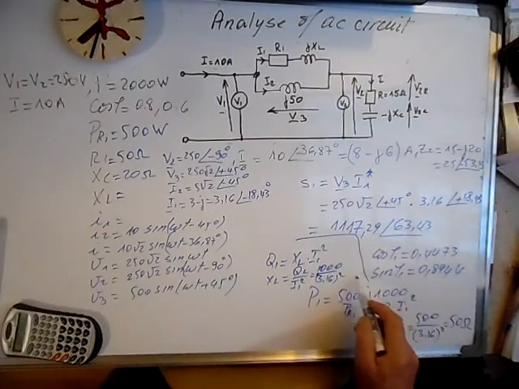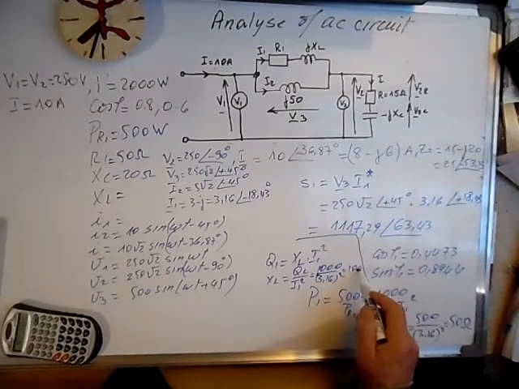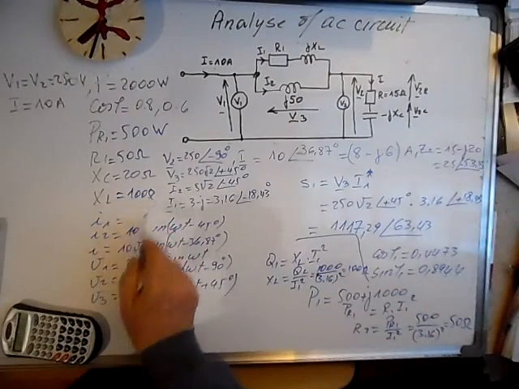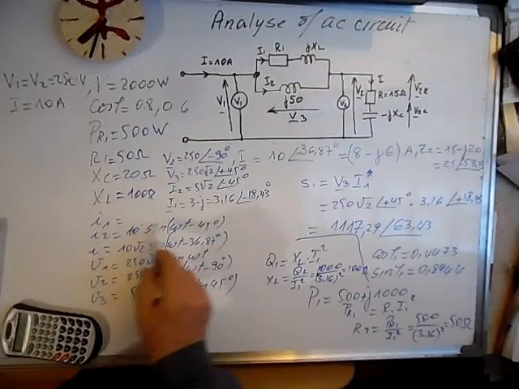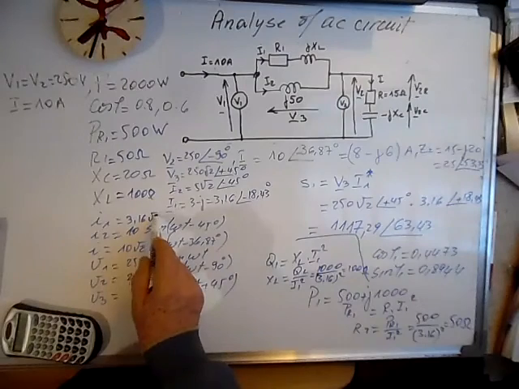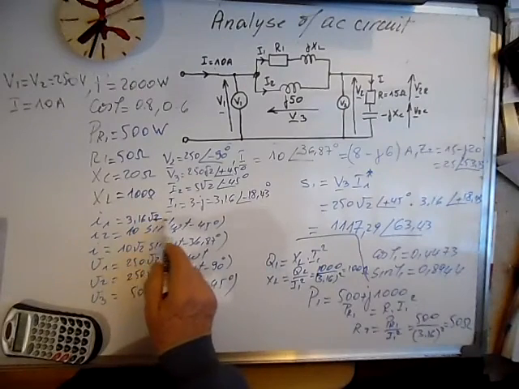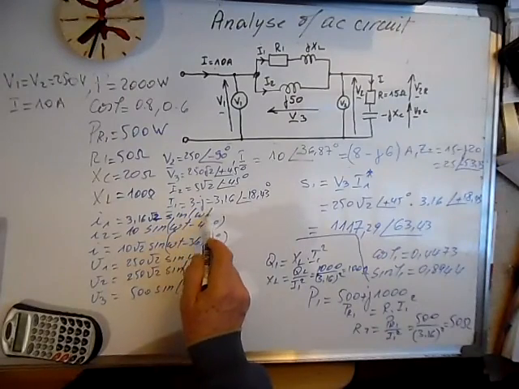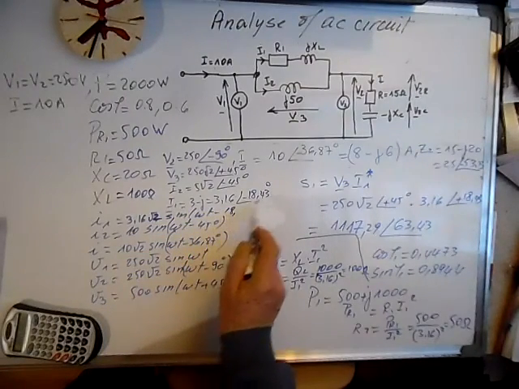And this is 100 ohms. So we calculated everything. We're left with I1. I calculated here. It was 3.16 square root of 2 sine omega t minus 18.43 degrees.